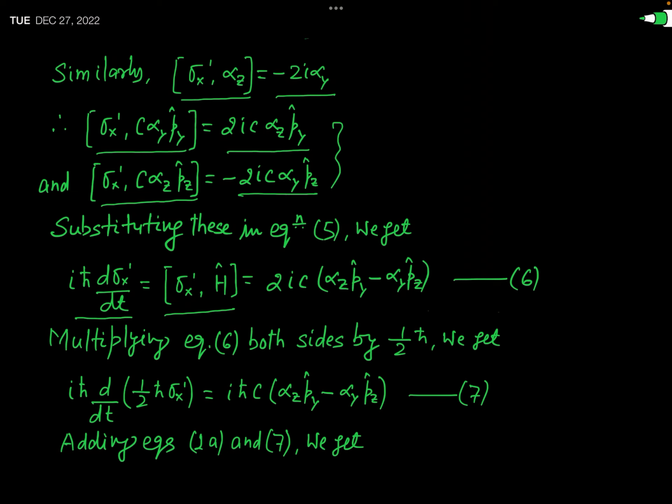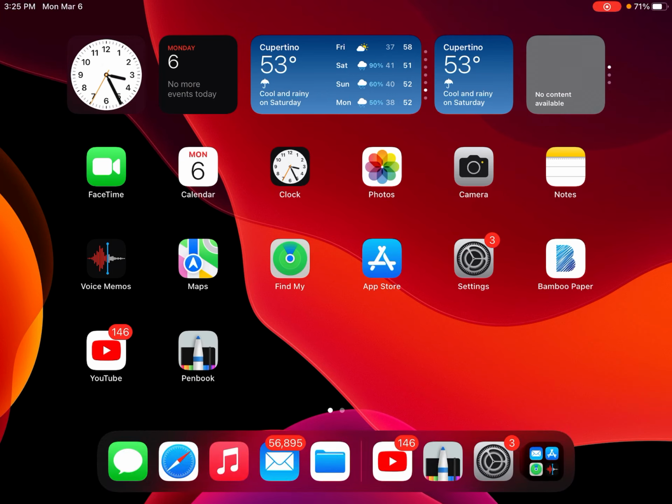And after adding, since the two commutators are 0, this will be simply the sum of these two commutators. In this, you can see 2ic is a common factor. So this is 2ic times alpha z py minus alpha y pz.